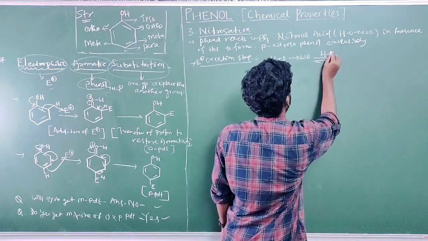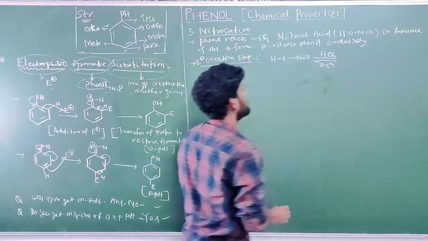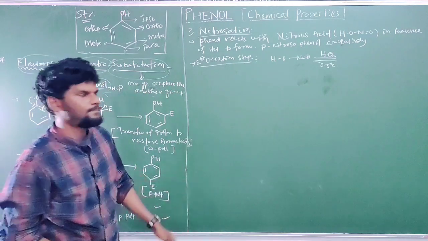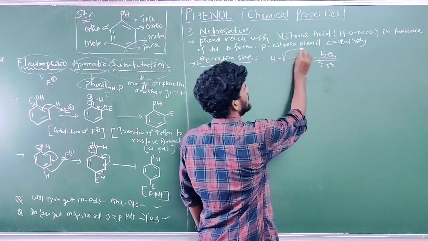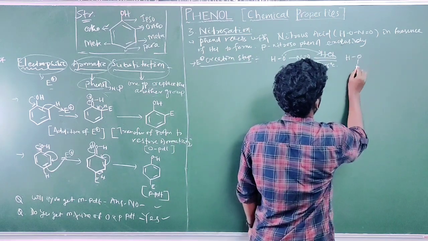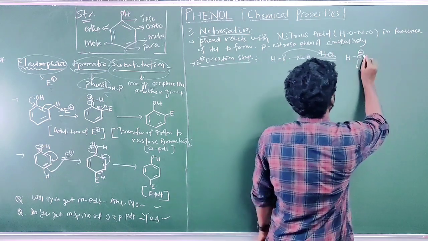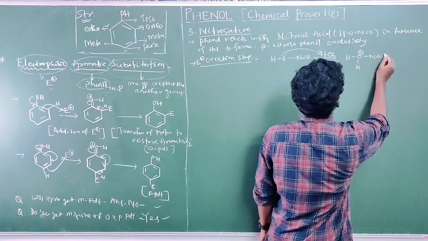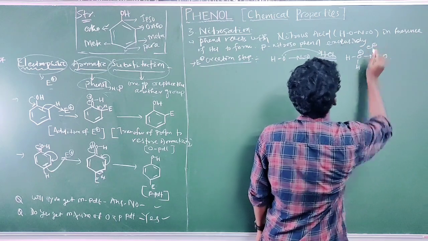At 0 to 5 degrees Celsius these reactions happen. HCl is an acid, it will donate its hydrogen, and this oxygen takes the hydrogen from HCl to form HOH, as oxygen donates its electrons, positive charge over oxygen. So next NO, and Cl minus counterpart here.